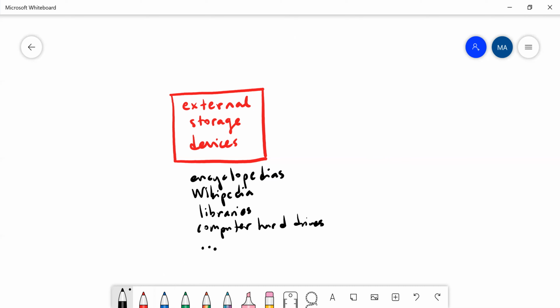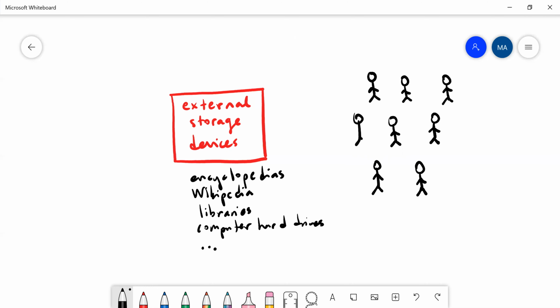Now, societies, of course, are made up of people. There are many, many people in the society. They have different occupations, different levels of education, and there are many. That's important.